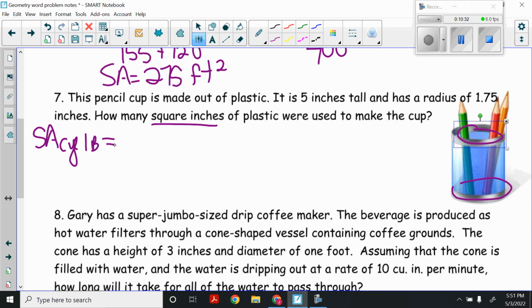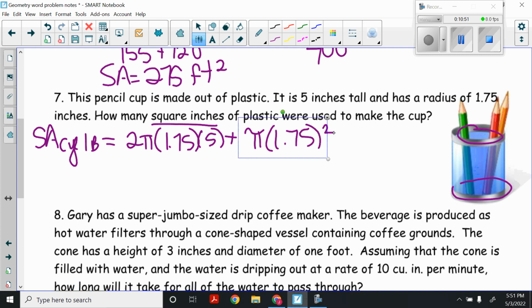So the surface area of a cylinder says 2 pi times my radius, 1.75, times my height, 5. Plus, usually it would say plus 2, but we don't want 2 bases, so we're just going to do plus 1. So pi, my radius, 1.75 squared. So if I multiply all of this together, I get 17.5 pi.